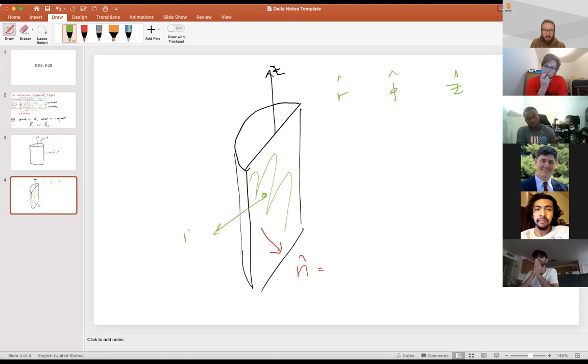Is that normal to the surface? No, it helps build the tangent component. What about if I point a vector straight up in Z? Is that normal to the surface? No, it's not either. So these two form the tangent.